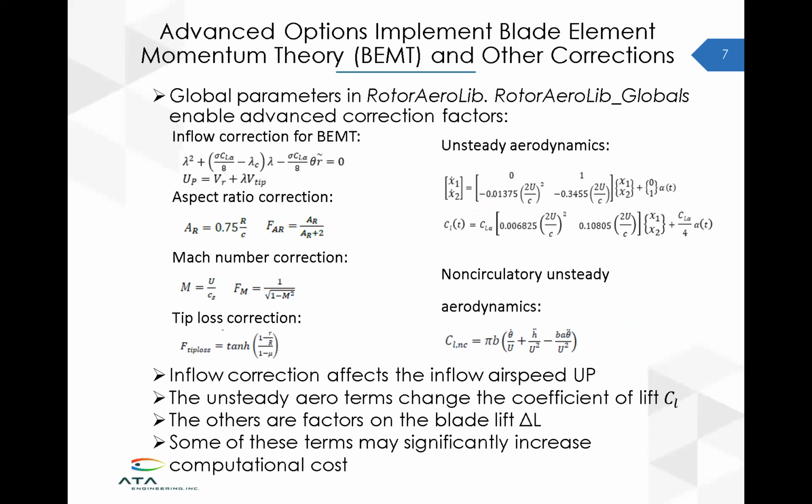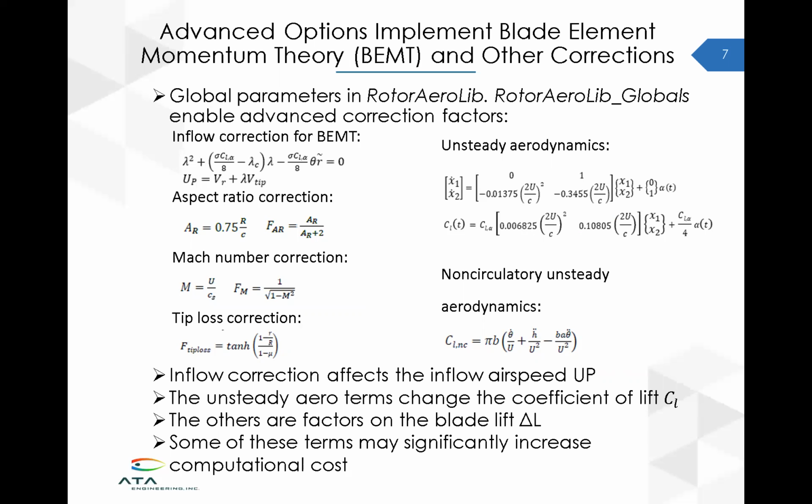Corrections for inflow, for example, Mach number. You can imagine the tips of the blade obviously move a lot faster than the inner radius of the blade. And of course, there could be Mach number effects happening out there. Also tip loss effects due to rollover at the tip of the blade. So a lot of these things get applied to different parameters in the model.